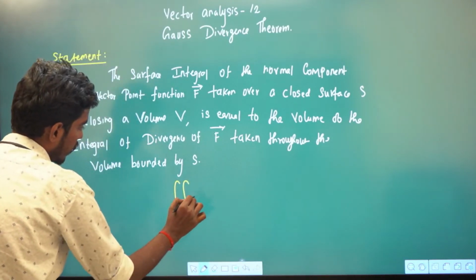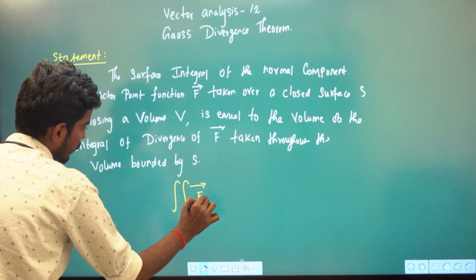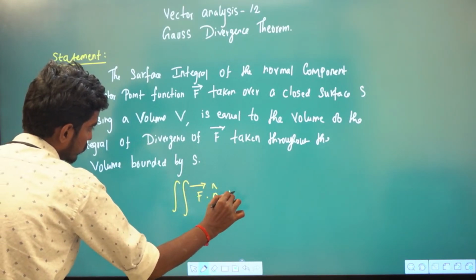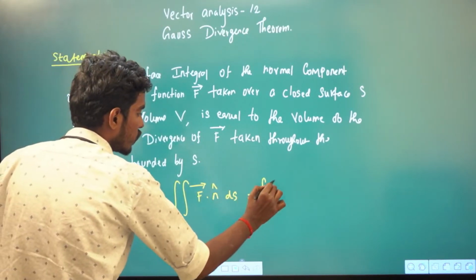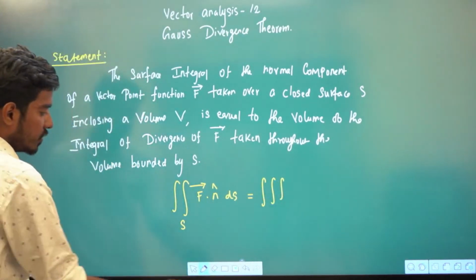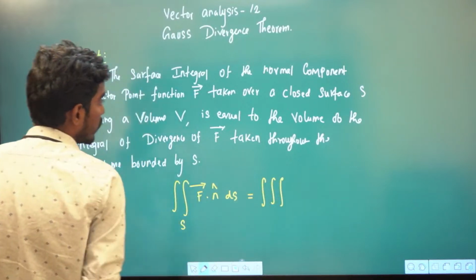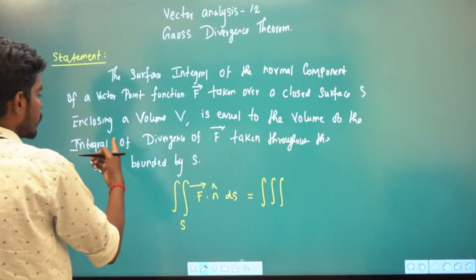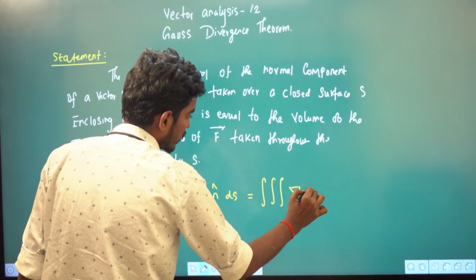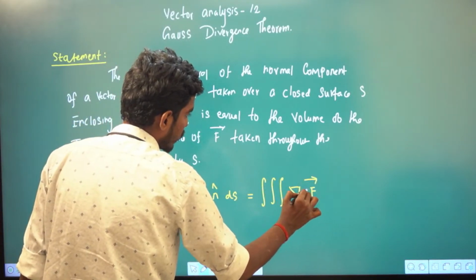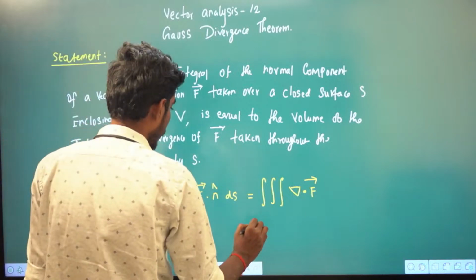The surface integral of F dot n cap dS taken over the surface is equal to the volume integral of the divergence of F, del dot F, taken throughout the volume bounded by S.